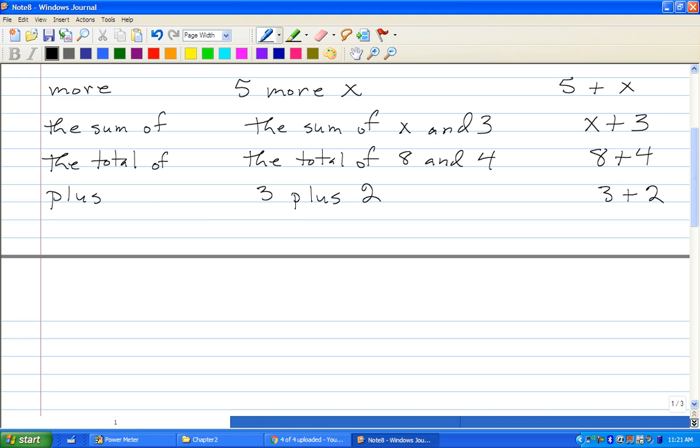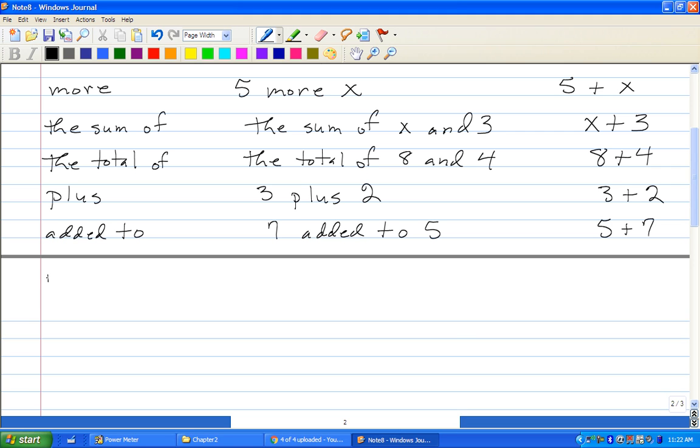Added to: 7 added to 5, so 7 was added to 5.